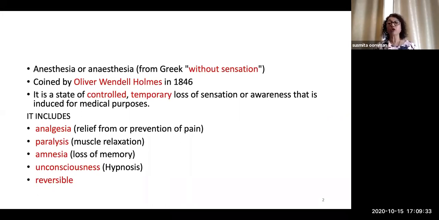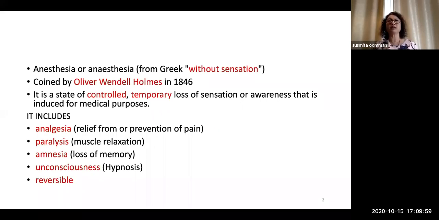It includes a lot of components, which are analgesia. You want the patient to be pain-free. You need paralysis of the patient because the surgeons want to operate, especially when we are talking of intra-abdominal operations. The surgeons need to go into a cavity and approach the organ which they are targeting.